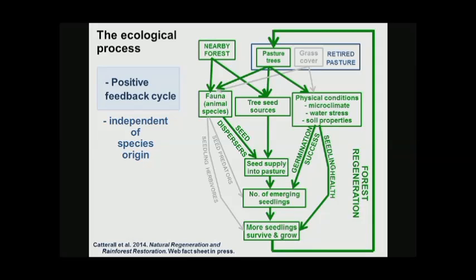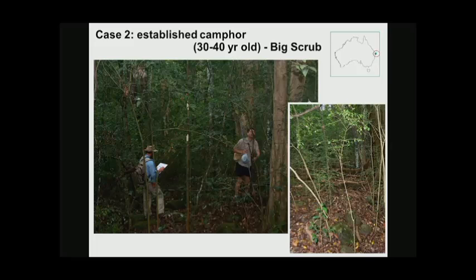So I'm going to look at another case now, which is getting at the older end of the spectrum again, and go back to the big scrub, which I was talking about before, the northern New South Wales former dairy areas. And in this study, we looked at what is happening within these established areas of camphor laurel regrowth.